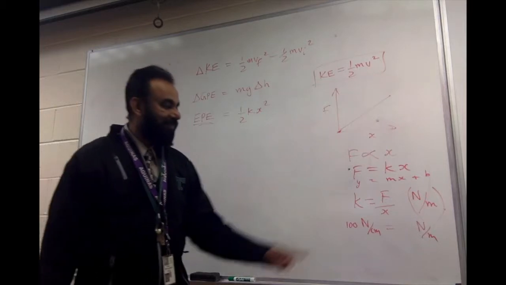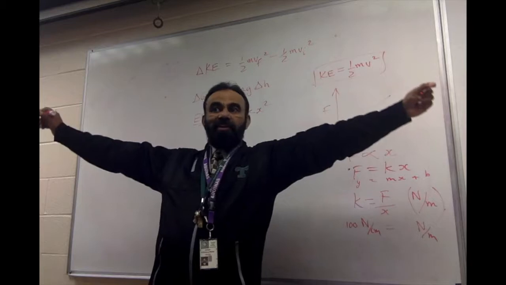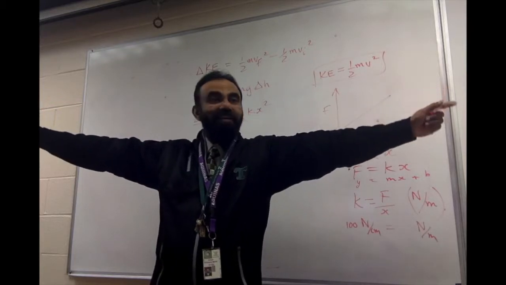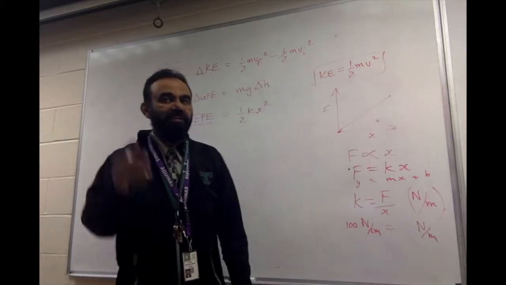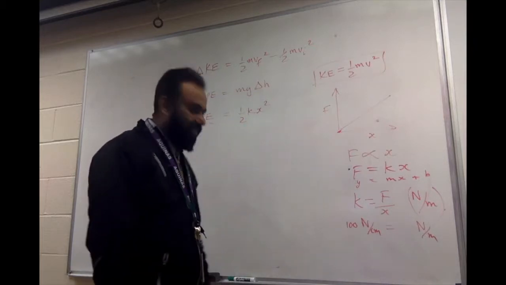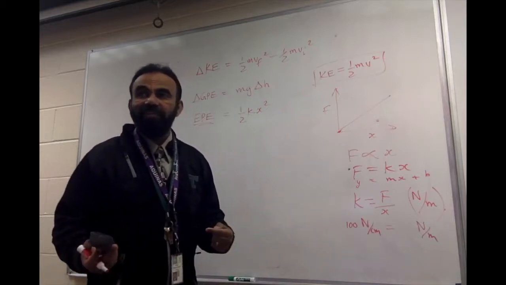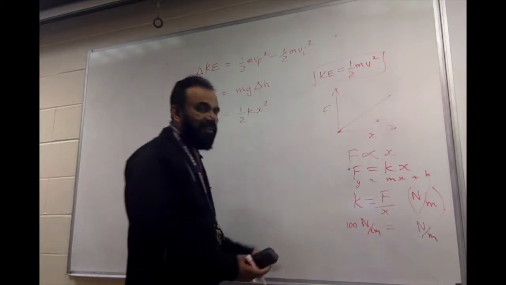Really? For stretching 1 centimeter, I need 100 newtons. For stretching 1 meter, you see how the mistake comes up is because of conversion. You're jumping to conclusions because centimeter to meter, you know the number is 100, so you're kind of directly dividing it.